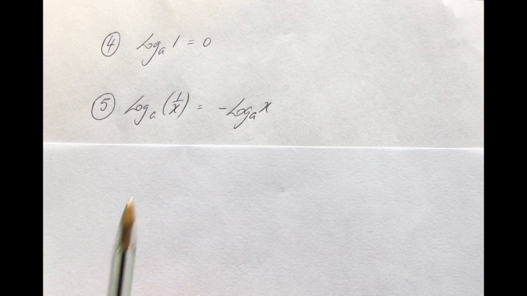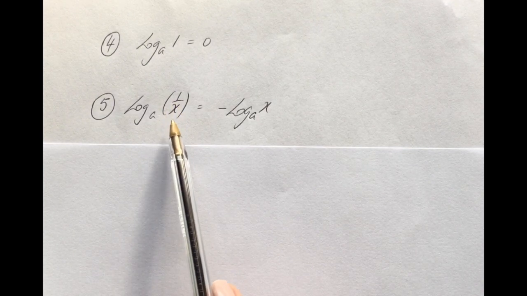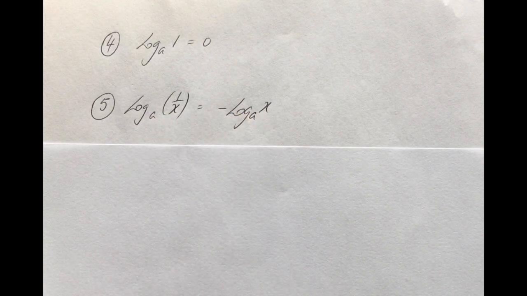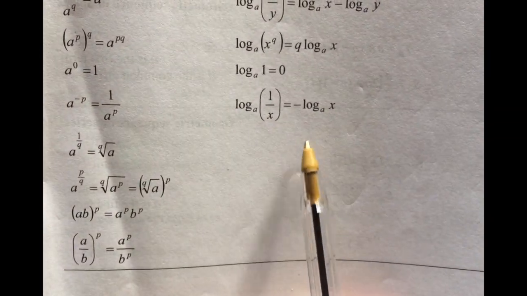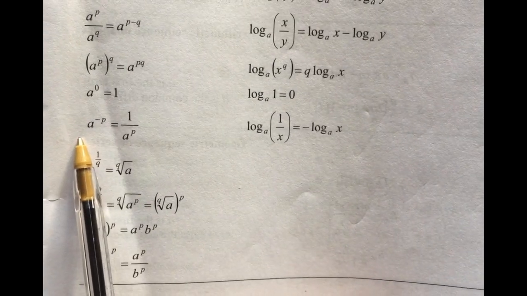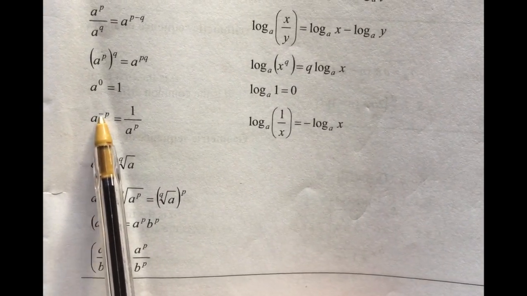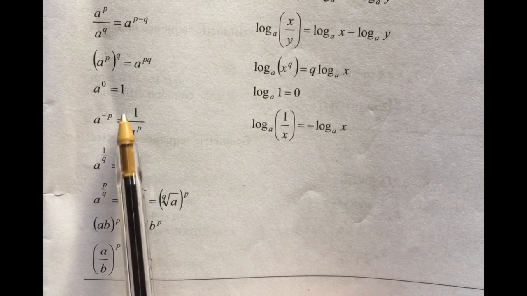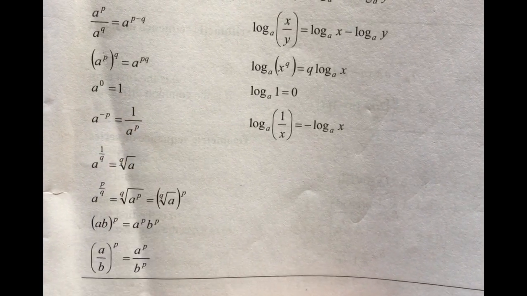Okay, our fifth law is this one. So this one suggests that log of 1 over x in the base a is equal to minus log of x in the base a. Now again, if we remember what this is linked to, this one is linked to this law of indices, where a to the power of minus p is equal to 1 over a to the power of p.